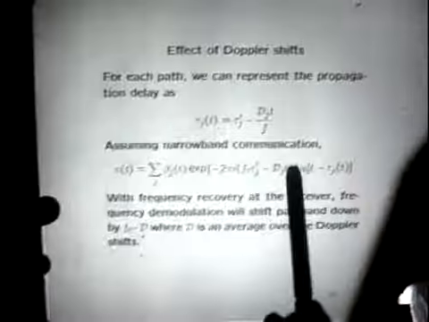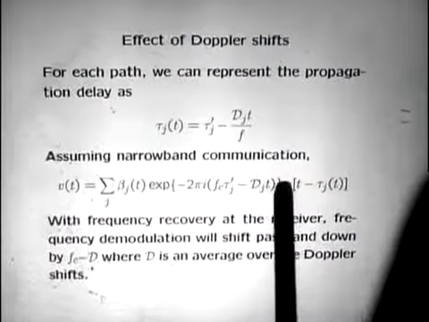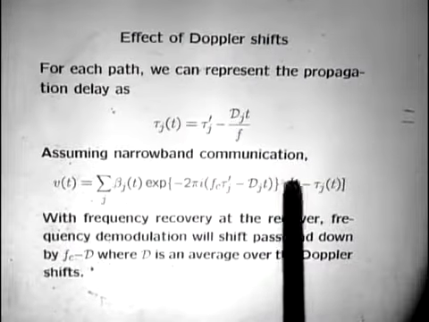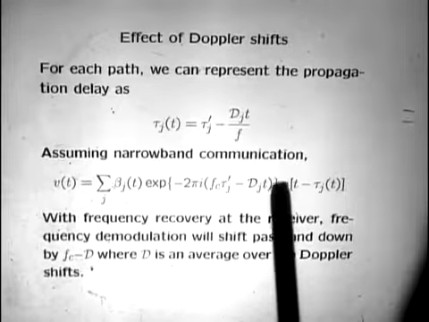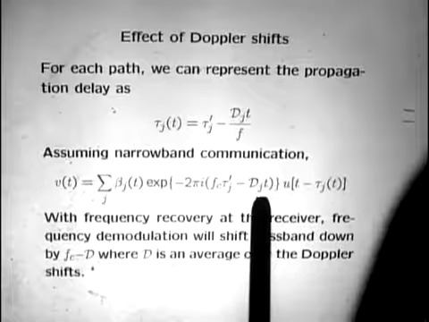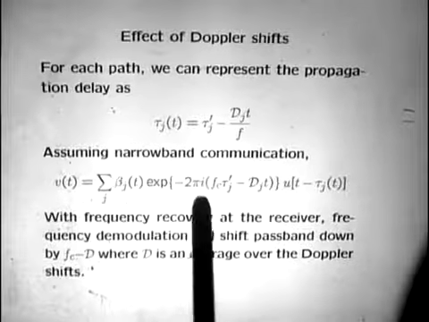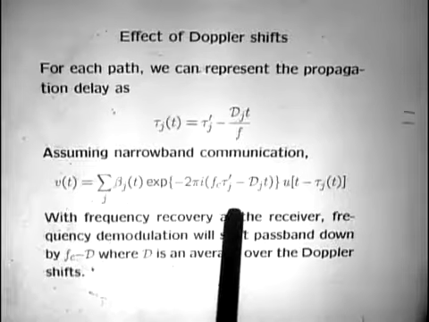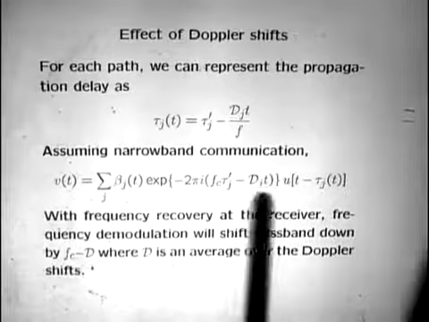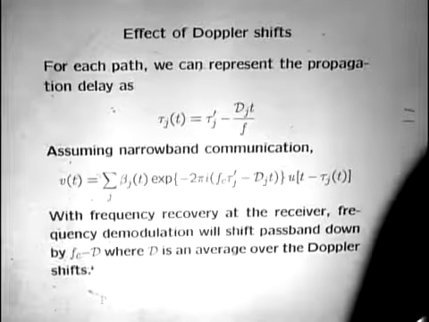What we wind up with is something which is off by that Doppler shift. If we only had a single term, we wouldn't be demodulating by f sub c. We'd be demodulating by something which would get rid of this term for us. And all we'd have is just some arbitrary phase term here, because this isn't important. This is just a phase term. This is the term which is important.